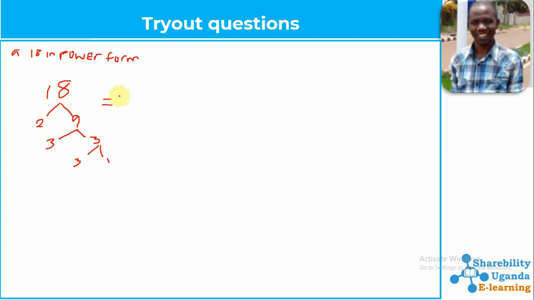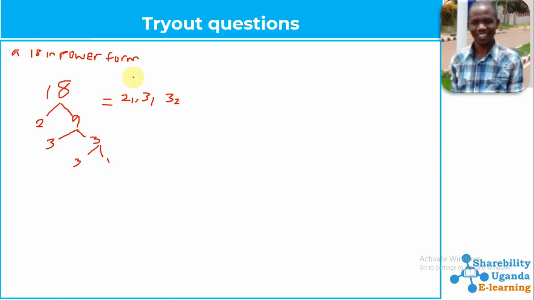Okay, so now here they want us to present our answer in what? In a power form. So we have a 2 appearing once. We also have a 3 appearing twice.